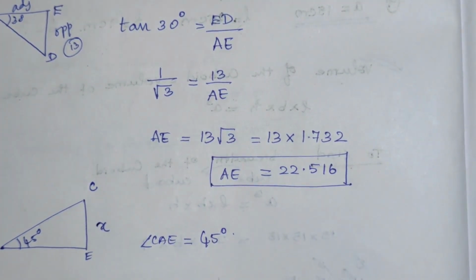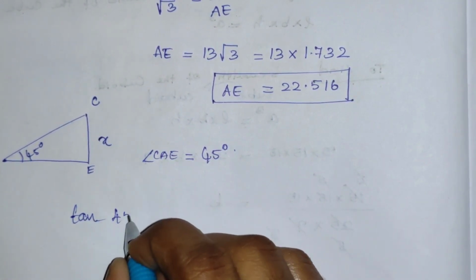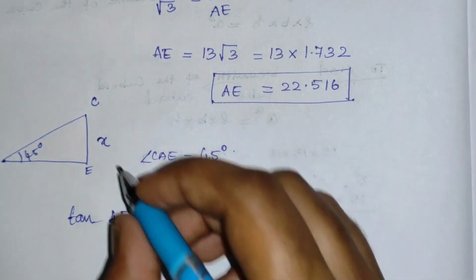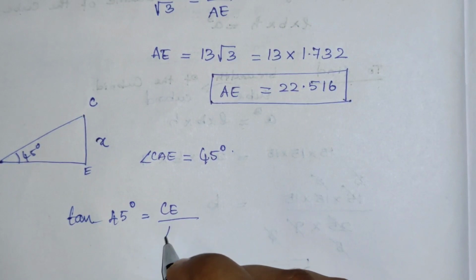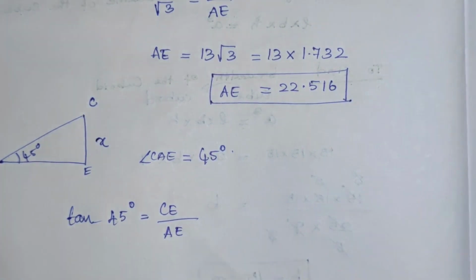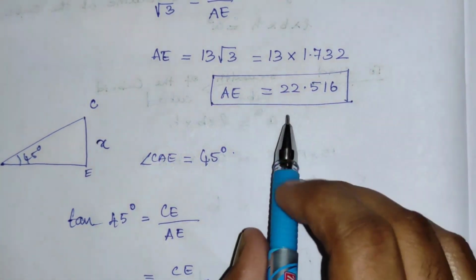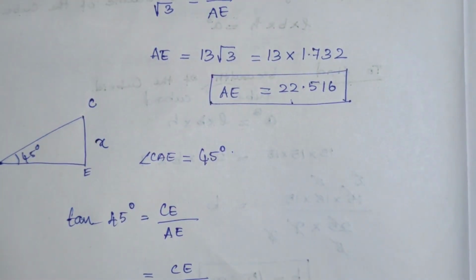So considering that, tan 45 degree is equal to opposite by adjacent. Opposite is CE, adjacent is AE. So CE value we don't know, and AE we just found, that is 22.516.